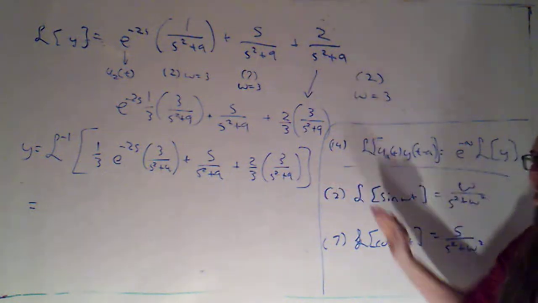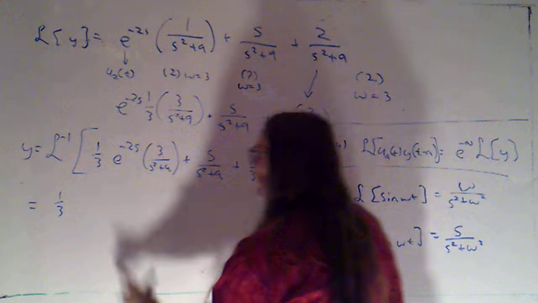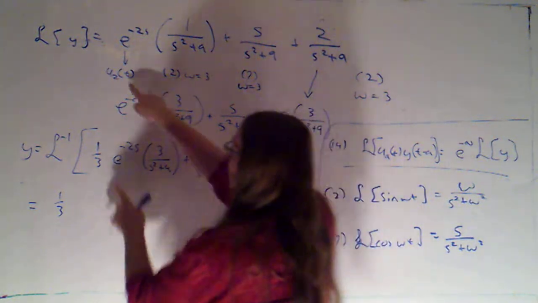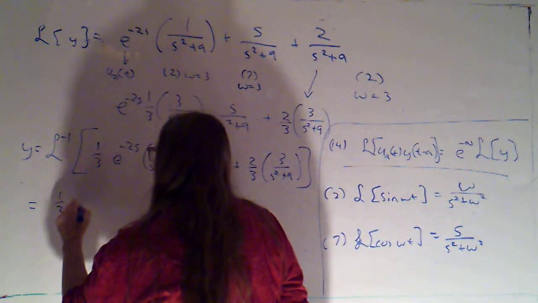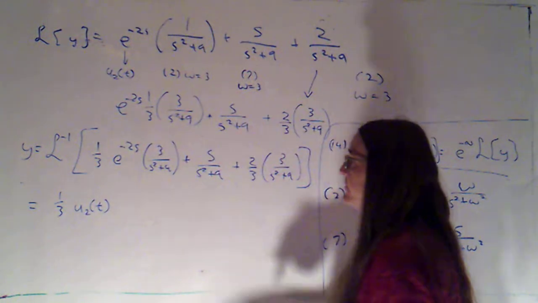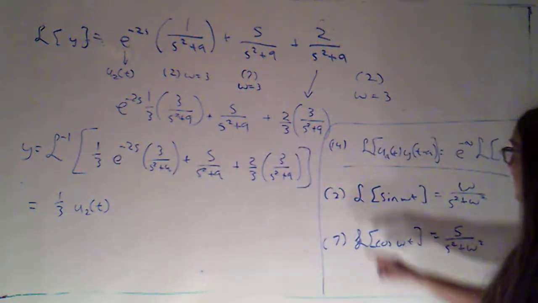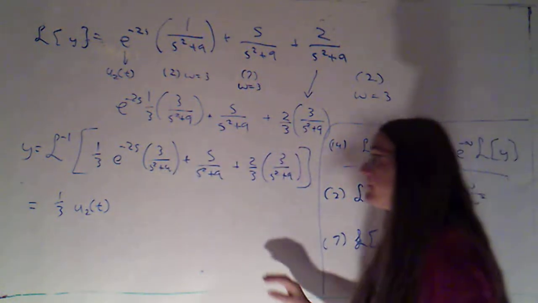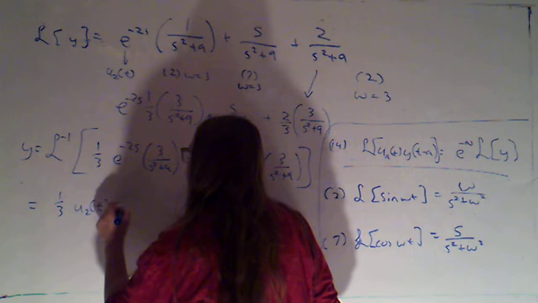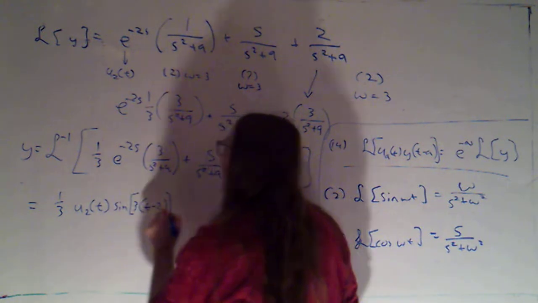I can go one piece at a time and factor out any constants. So I'm going to get 1/3. The exponential function here introduces the heaviside function when I take the inverse Laplace transform, and means that when I take the inverse Laplace transform of this, which we said was going to be just sine of 3t, I'm shifting that, so it's sine of 3 times t minus 2.